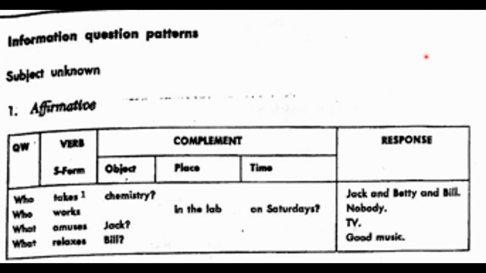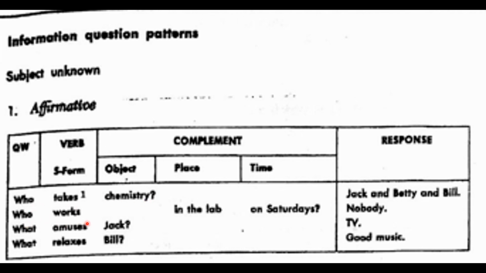In the case of information question patterns, we have something important to talk about. Only when the subject is unknown, we don't have to add an auxiliary after the question word. So, who takes chemistry? We don't say who does take chemistry.